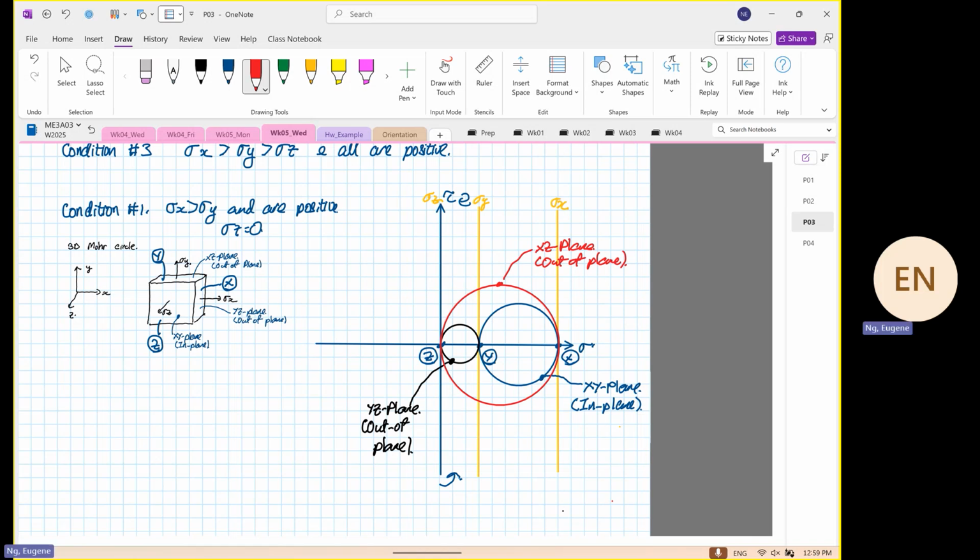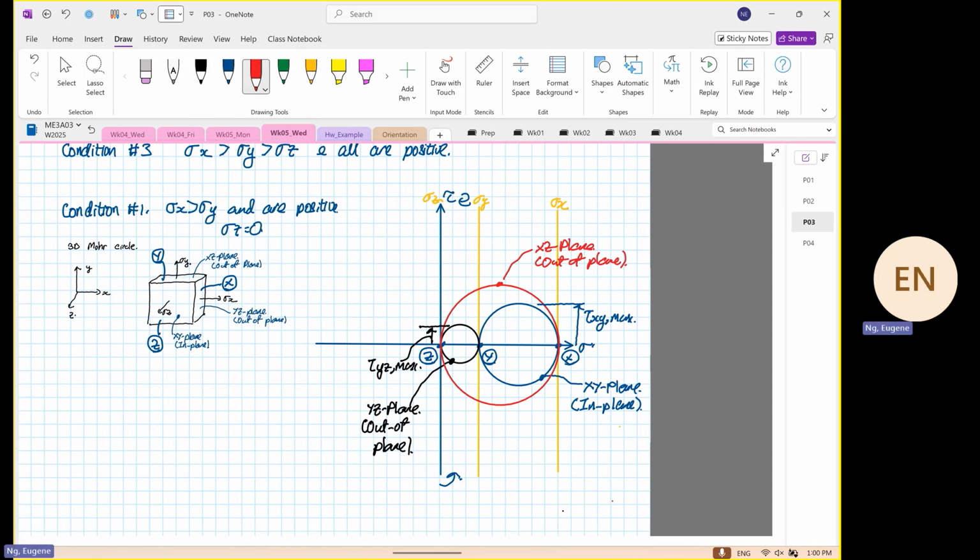So what you see now, we are going to label this is your shear XY max. And then over here, this will be your shear YZ max.